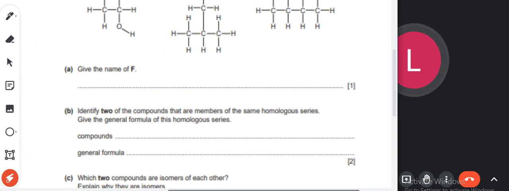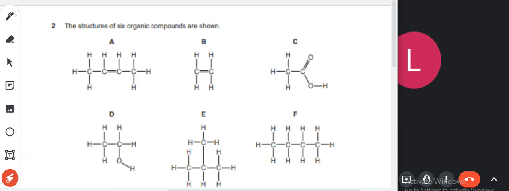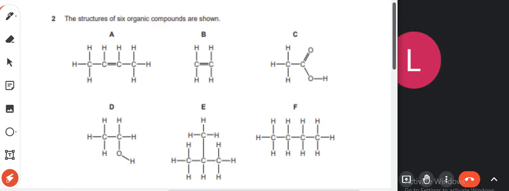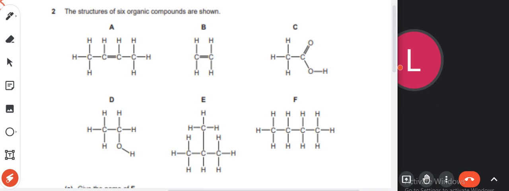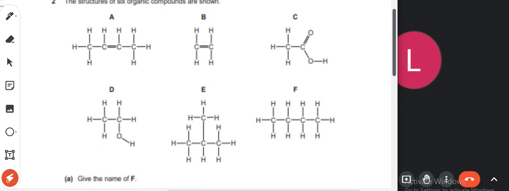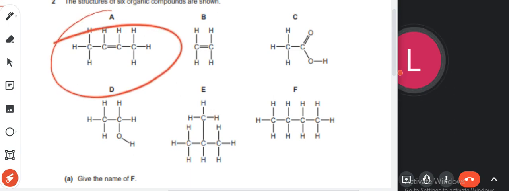Now another question says the structures of 6 organic compounds are shown. I'm just giving hints so that you can walk through this and get a better understanding of organic chemistry. These are the structures.